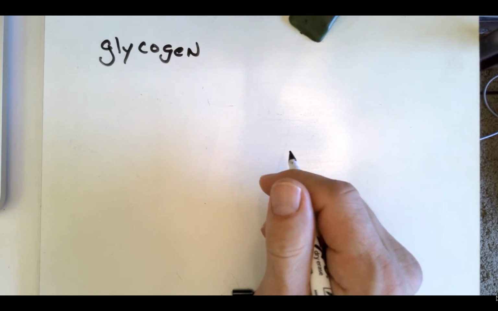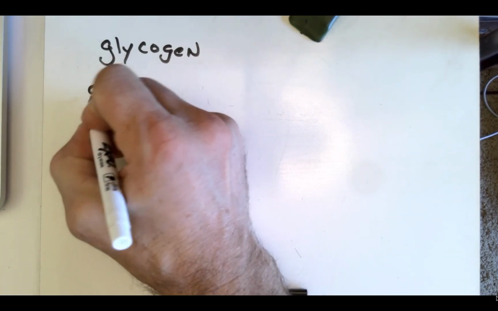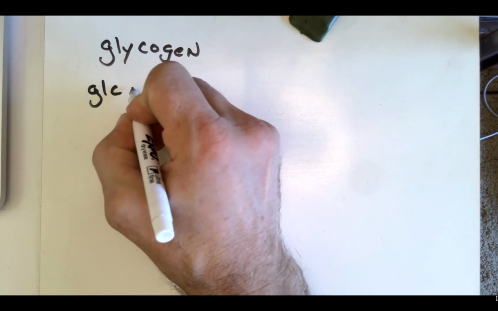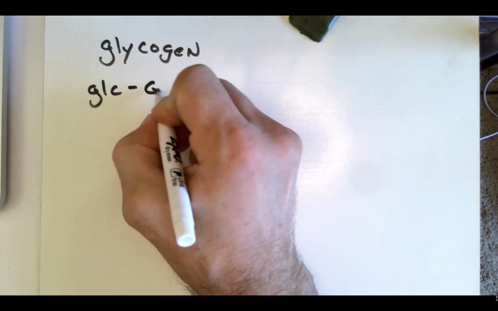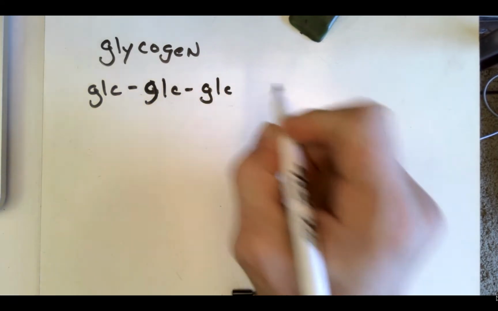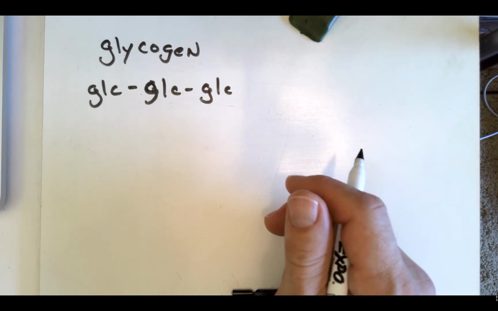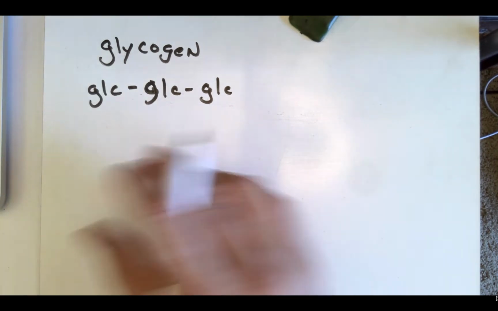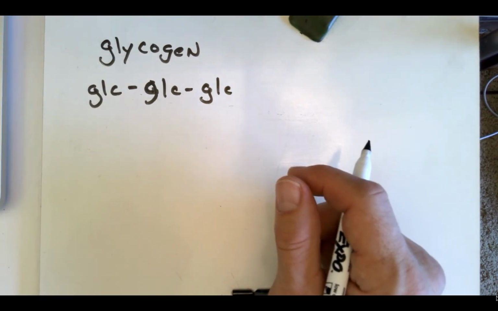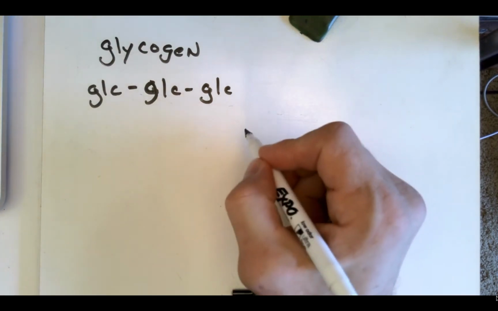Glycogen is a carbohydrate, a polysaccharide, and it is made up of nothing more than glucose connected to glucose to glucose. And just like what we're going to see for those three processes that I just illustrated, DNA replication, transcription, and translation, we have an enzyme here that's going to catalyze it.